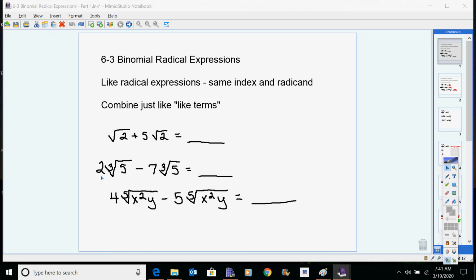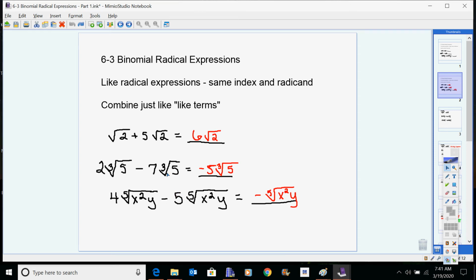And if I have 2 cube roots of 5 and I'm taking away 7 cube roots of 5, that's going to just give you -5 cube roots of 5. And here, once again, because we have like terms, you can just put them together and get your -1, or just negative fifth root of x squared y.